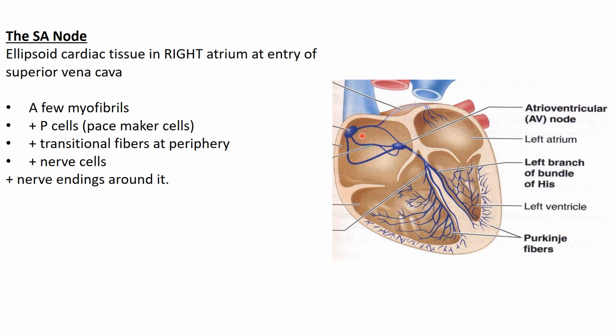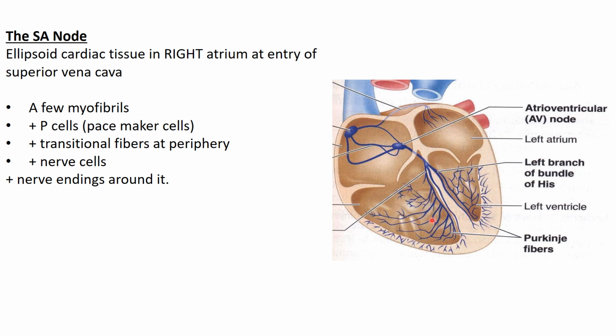From here, it was intranodal conducting tissue between the two nodes, and this is interatrial conducting tissue joining the two atria and conducting the impulse from the SA node to the left atrium. Here, this straight blue structure is the bundle of His, and this is again a conducting tissue joining the AV node to the ventricle. This bundle of His is then branched on the endocardial surface.